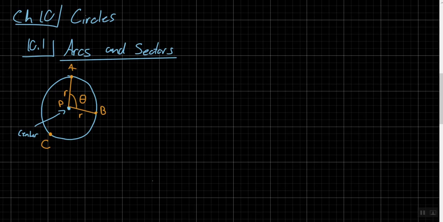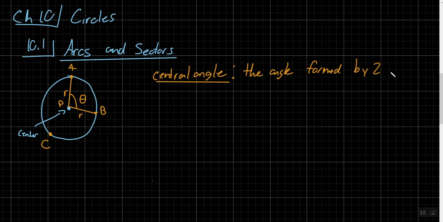Arcs and sectors. Got it? Okay. So this theta is called a central angle. It is the angle formed by two radii.